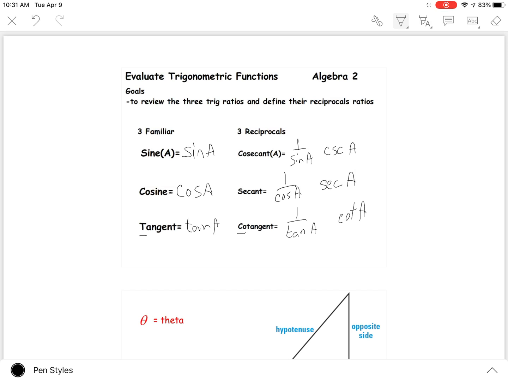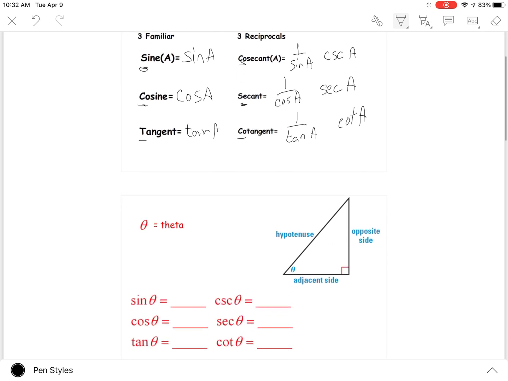The way I remember that cosecant and sine go together is S and C are mixed up, and C and S are mixed up. Okay, that might help a little bit later.